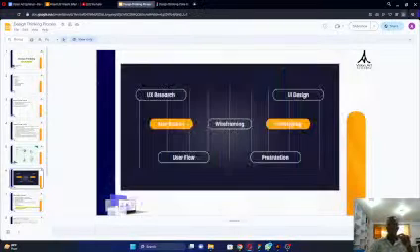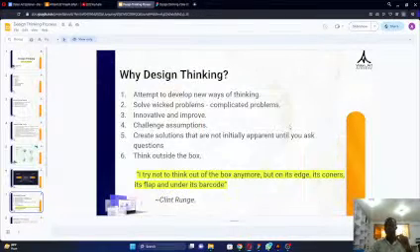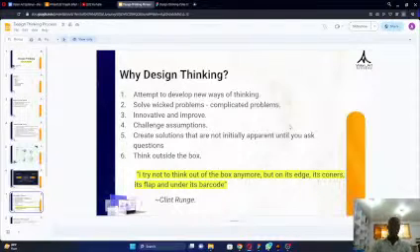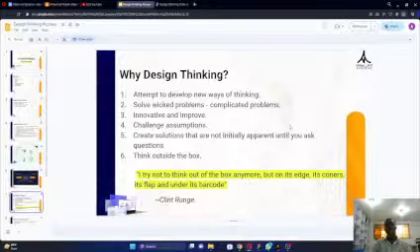Now, why design thinking? Why am I conducting design thinking? Why do I need it? Why should I come up with design thinking? The first one is to attempt to develop new ways of thinking.